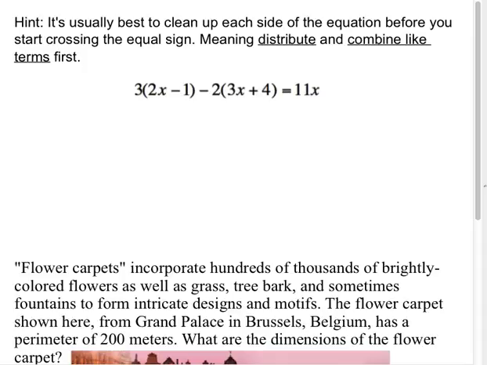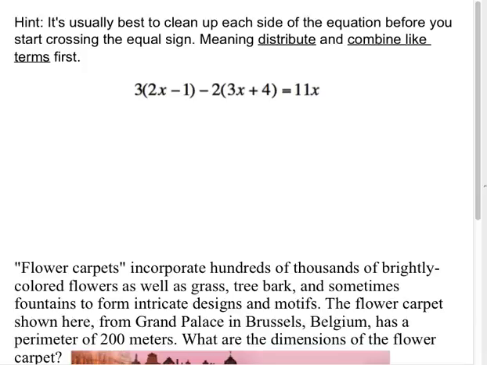All right, so look at this one. This one, rather messy, right? So let's take a look at it. It's usually best if you clean up both sides of the equation before you start crossing the equal sign with addition, subtraction, or anything like that. So that means distribute and combine like terms before you start messing between sides.